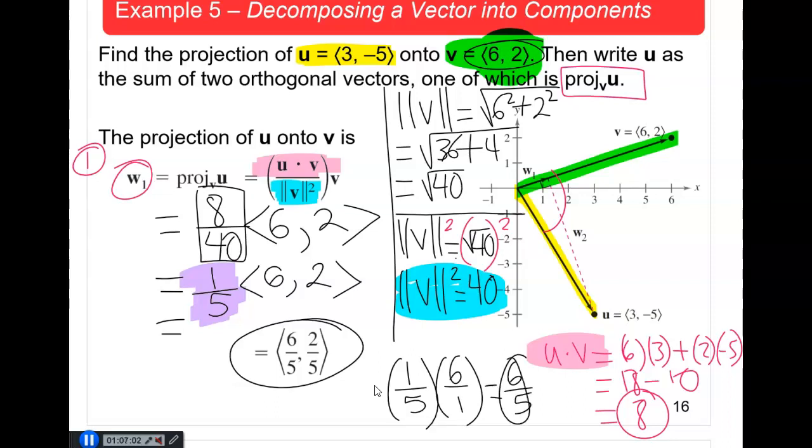So that's how we get that. And so this here are the coordinates of W sub 1. Now that vector is going to be here.